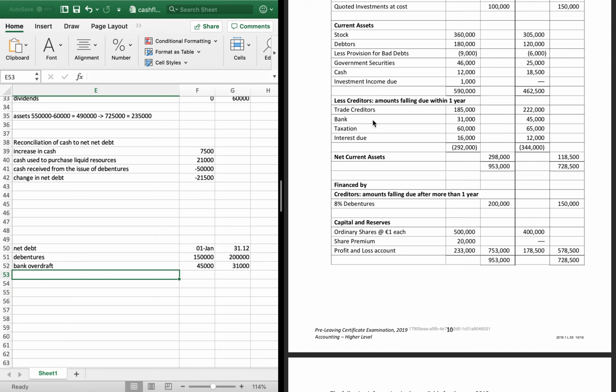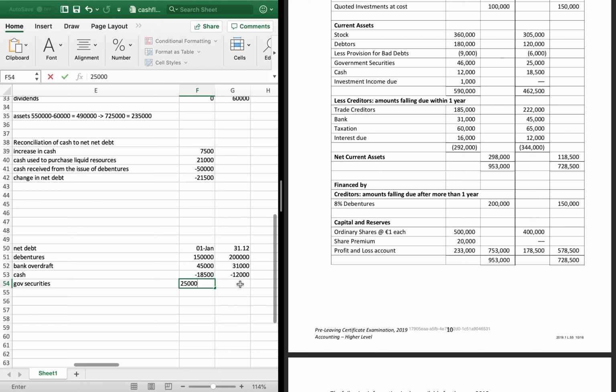Then you've got your cash. Now cash is the opposite of a bank overdraft, so they're going to be minuses. So at the start of the year was 18.5, and at the end of the year we had a cash position of 12,000. So we'll take them as minuses. And then we've our government securities. Again, they're minuses. So we've got at the start of the year 25,000, and at the end of the year 46,000.